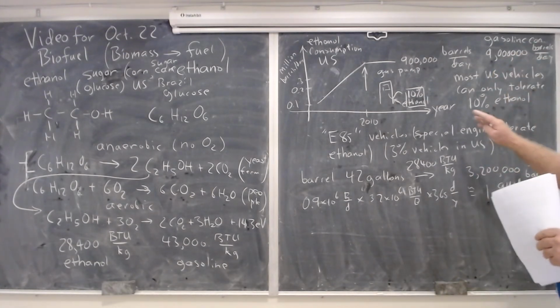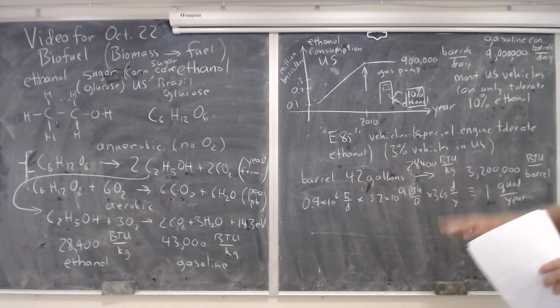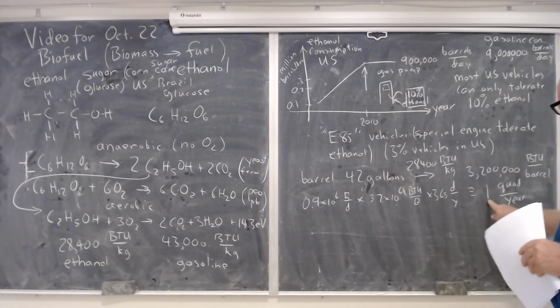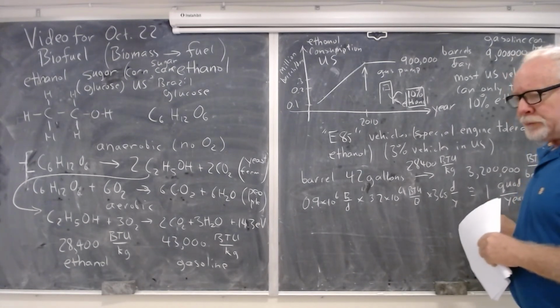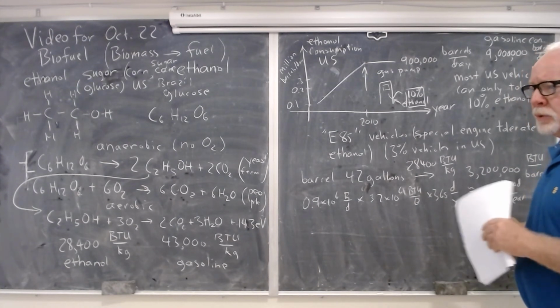Now, basically, in your final project, you have all the information here to go off and do research and predict whether that number. Now, in the final project, that number is going to be for biofuels in general, of which ethanol is only one. It's the only one we use in quantity.